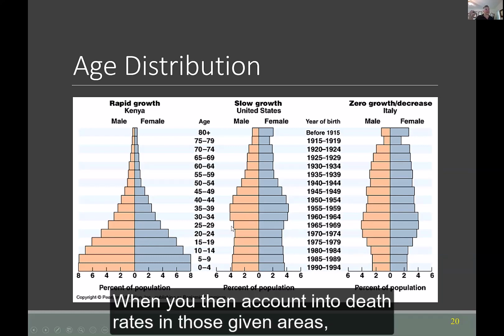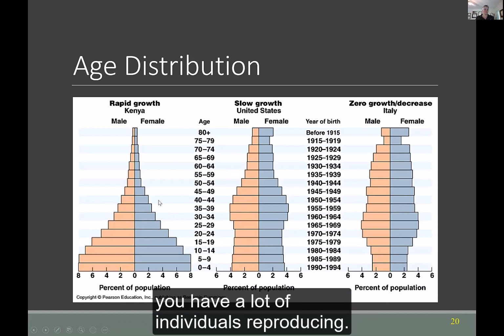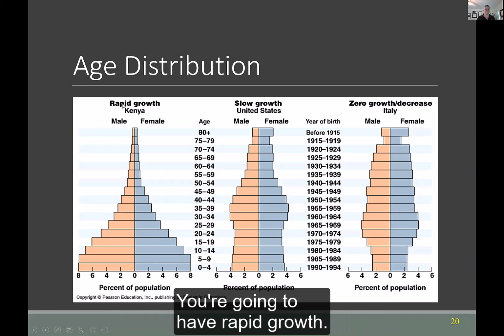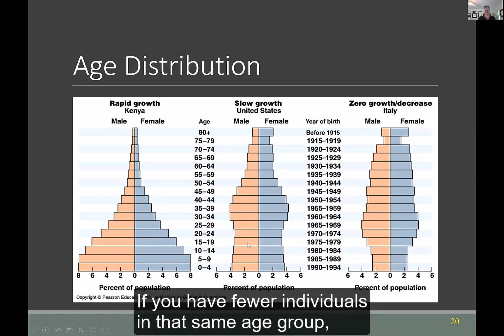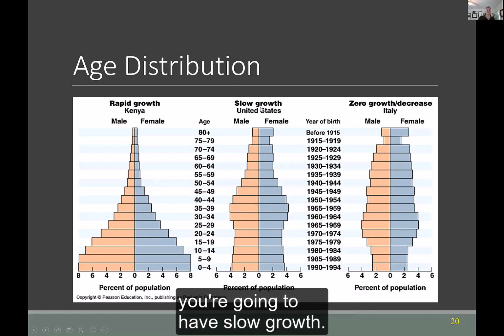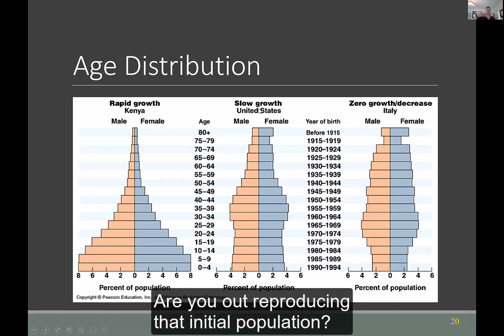When you then account for death rates in those given areas, you have a lot of individuals reproducing, you're going to have rapid growth, right? If you have fewer individuals in that same age group, you're going to have slow growth, right? Are you out reproducing that initial population?